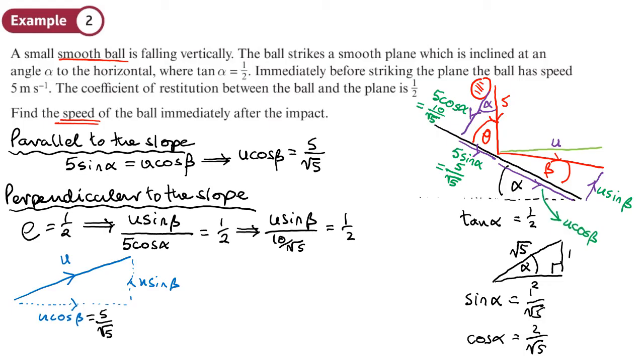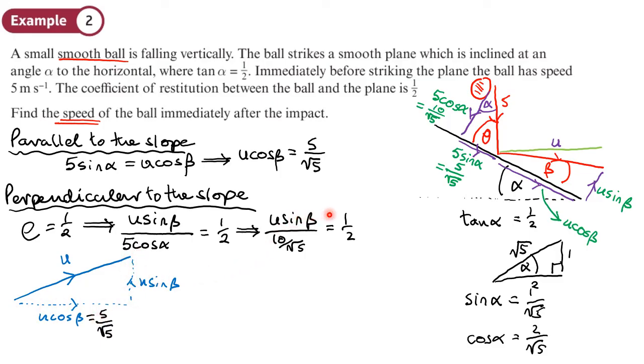Now I'm going to use this equation here to work out what u sine beta is. So actually in this question I don't need to work out beta, I just need to know what these lengths are, and I've got enough information to find it. I've got this one here, just need to find this one here.